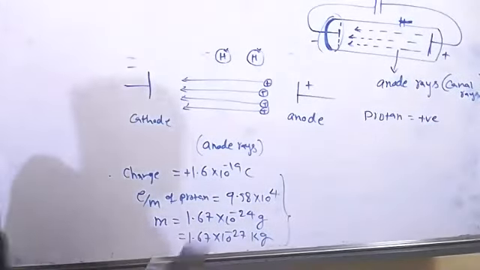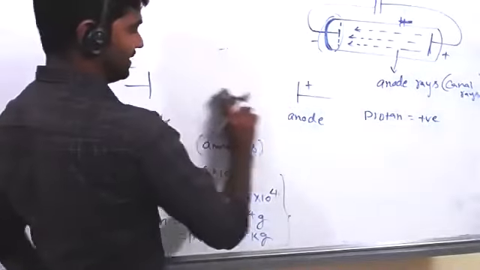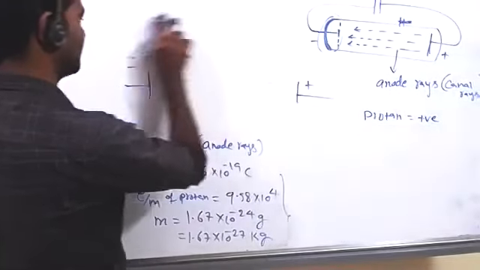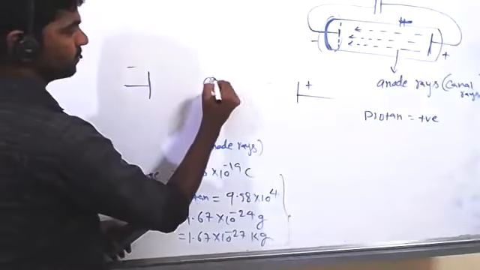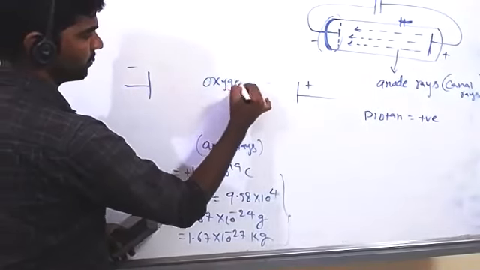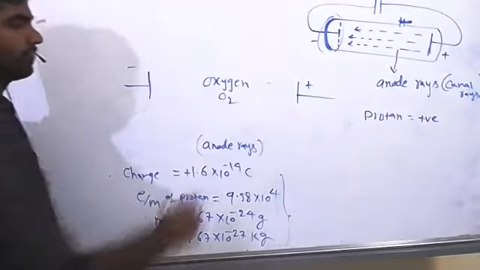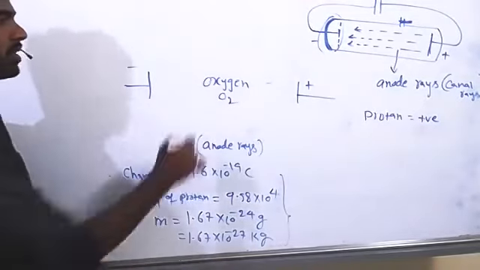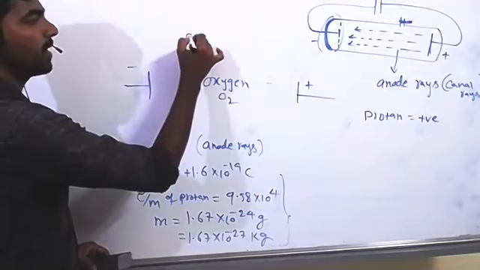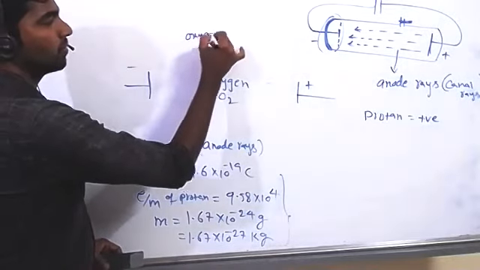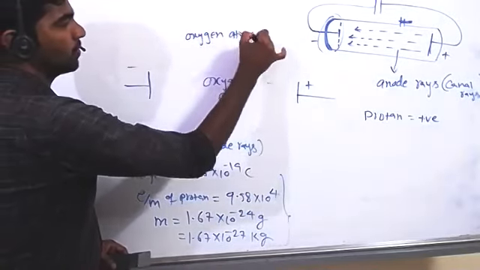Now, instead of hydrogen, I'm taking oxygen gas, O2. First the cathode rays strike the oxygen molecule, then it gives oxygen atoms.